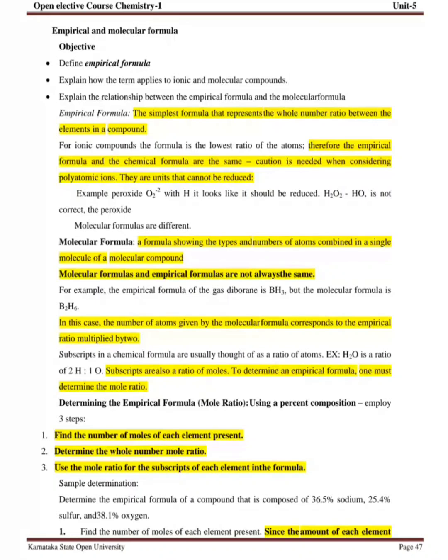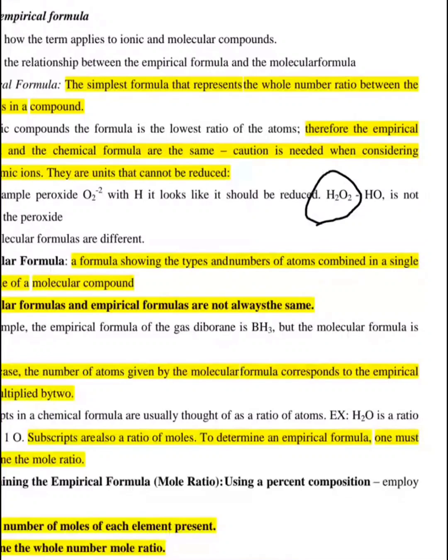This is the molecular formula for hydrogen peroxide. If you want to write this as the empirical formula, you write hydrogen and oxygen. This is the difference between the molecular formula and empirical formula.